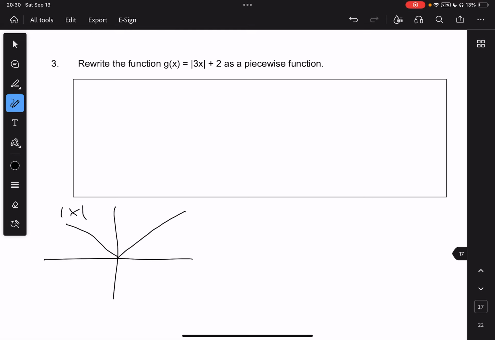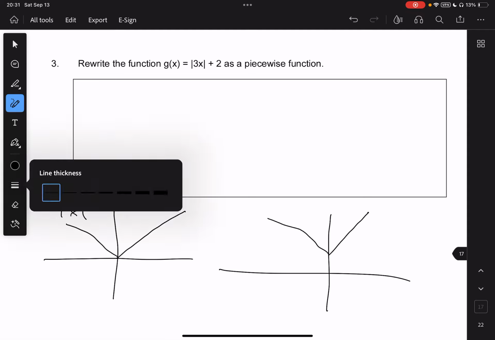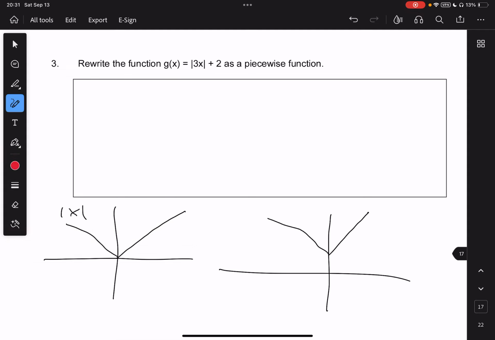So roughly the absolute value of 3x plus 2 is going to look something like this. So it's still a v. So we know that the change in our function is probably going to be over here when x is 0. And we can try a couple of different examples to see.